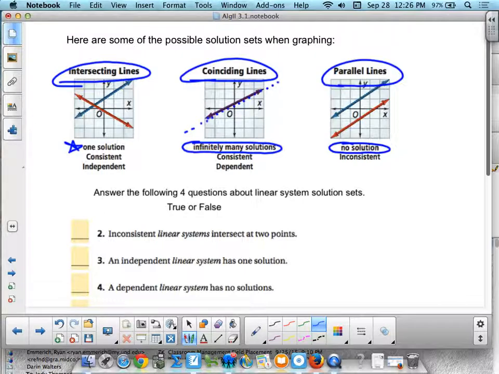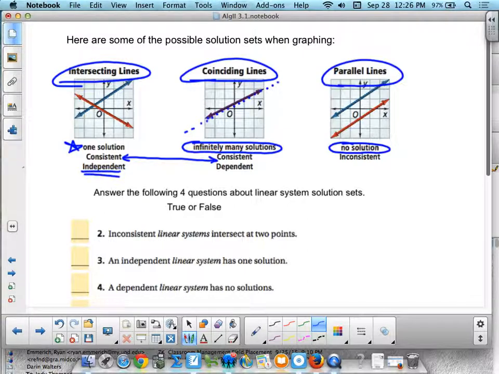Okay? Now here's the pain. The biggest pain with this picture is they make you memorize these words. Now, the word consistent, to me, consistent means you get answers. That's all it means to me. So when they start talking, is it consistent? Consistent means you get answers. Now, if all you get is one solution, it's called independent.